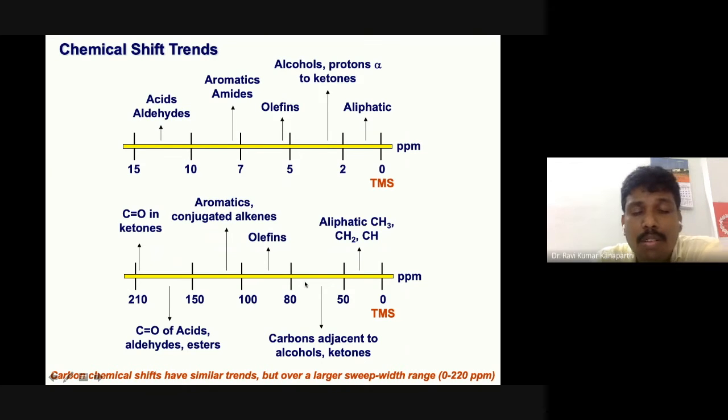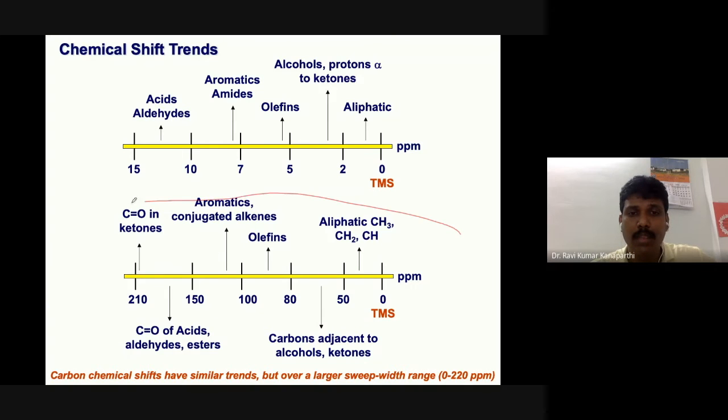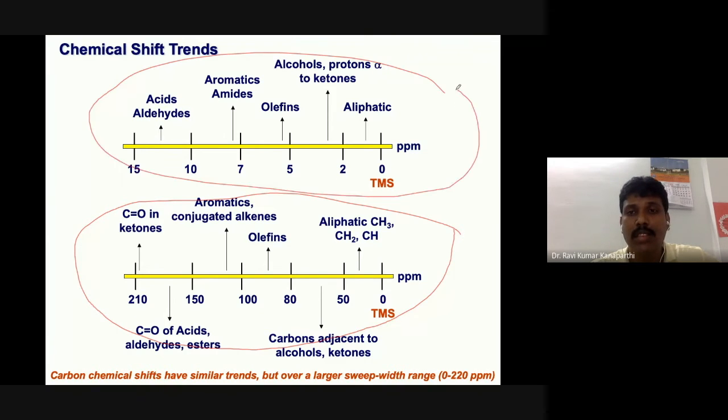In this slide, you can see not only the chemical shift of protons, but also the chemical shifts of the carbons and their ranges. The bottom one is the carbon NMR scale, and the upper one is the proton NMR scale.